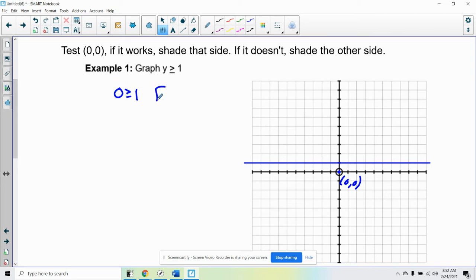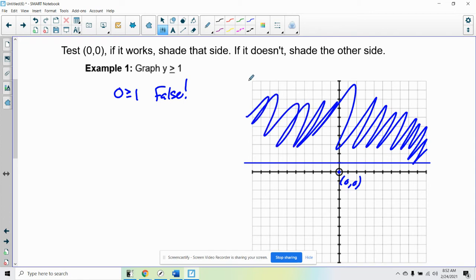That's false. So 0, 0 doesn't work. So this is the wrong side of the line to shade. So I'm going to shade above the line.